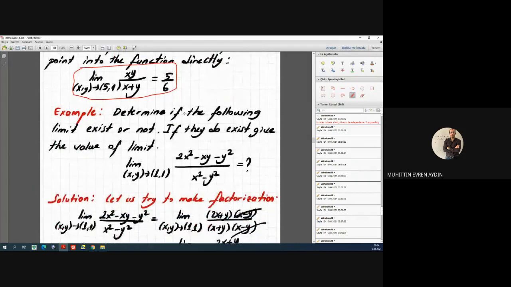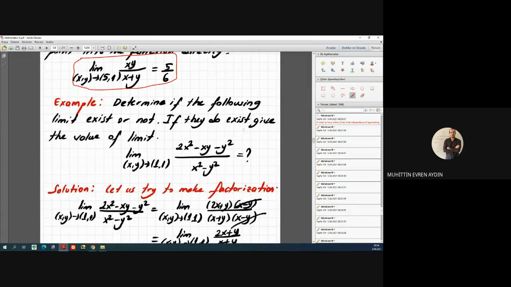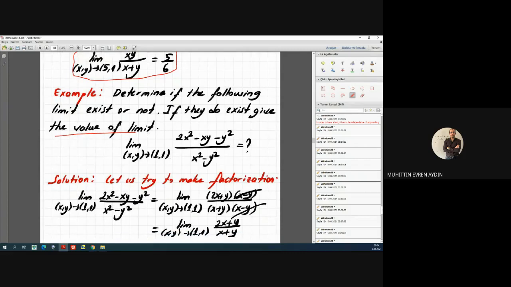Okay. Another example: determine if the following limit exists or not. If it does exist, give the value of the limit. Clearly, this function is not continuous at this point because it is not continuous provided x equals plus or minus y.